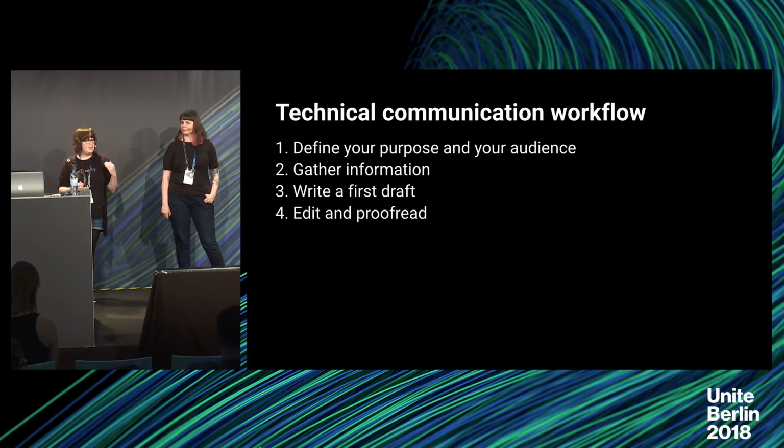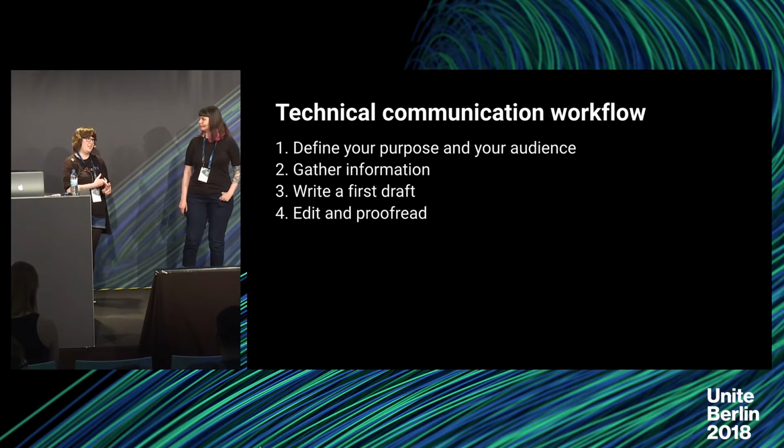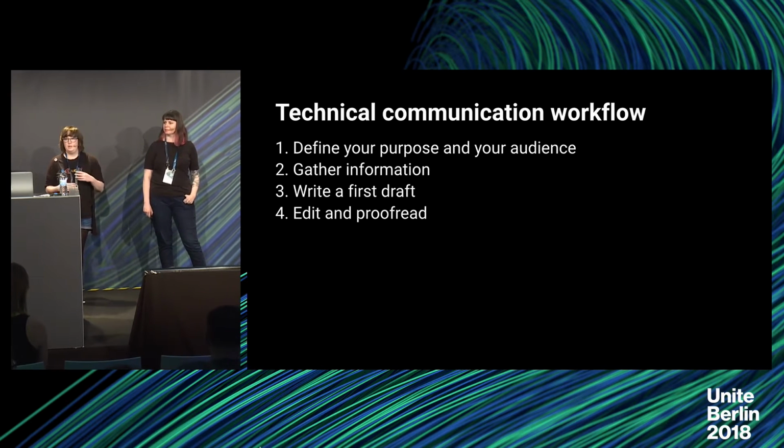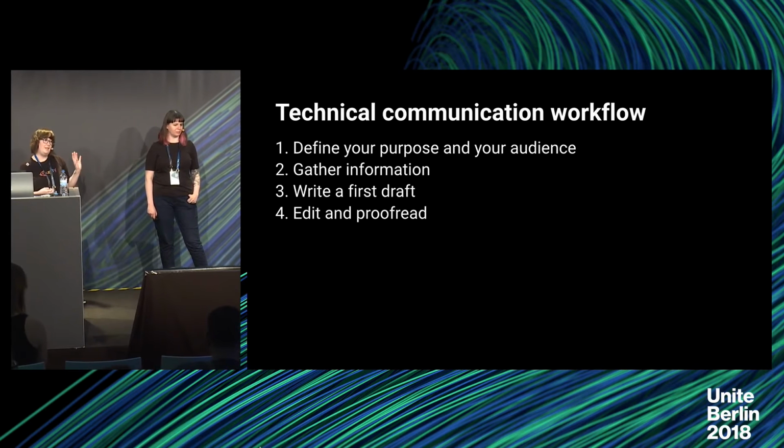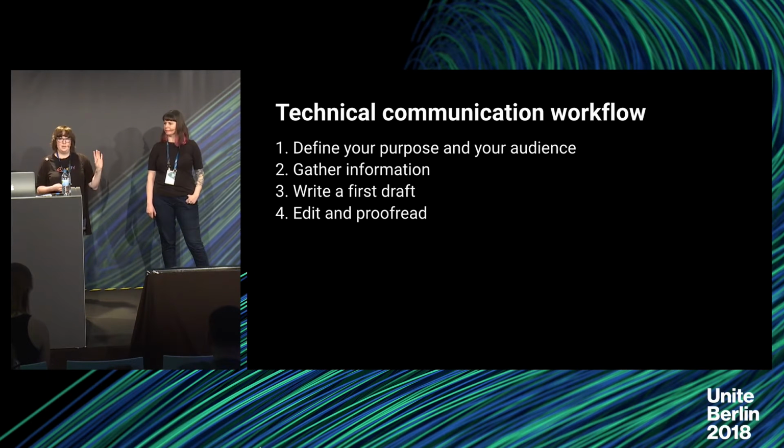So you start by defining your purpose and your audience, literally what you want to say and who you want to say it to. You gather the information you need, you write a first draft, and then you edit and proofread. We're going to take you through each of these steps in detail, and for each one, we'll tell you what you need to do and when you know you're done and that it's time to move on to the next step.